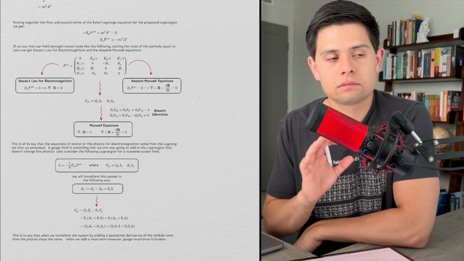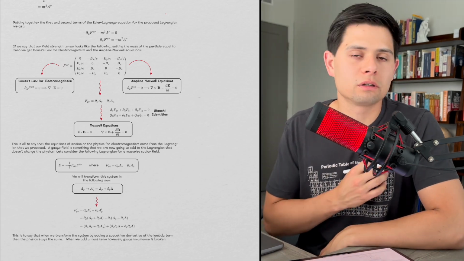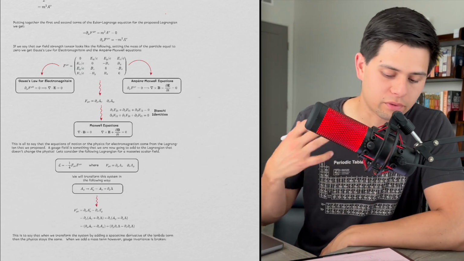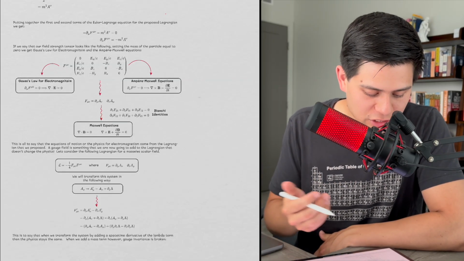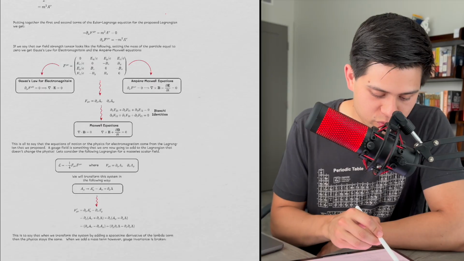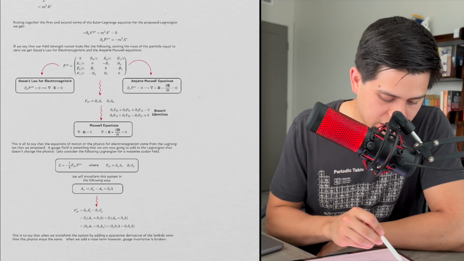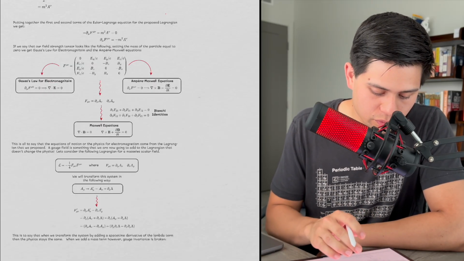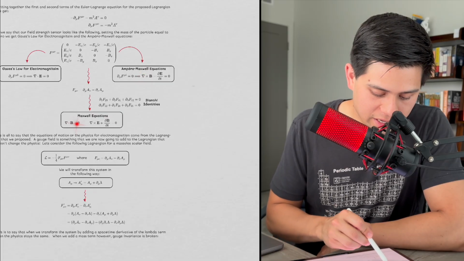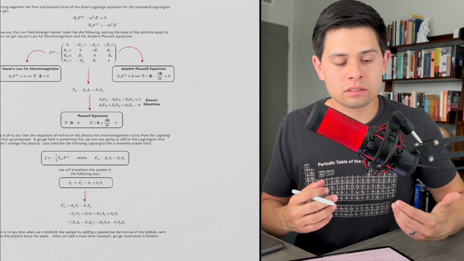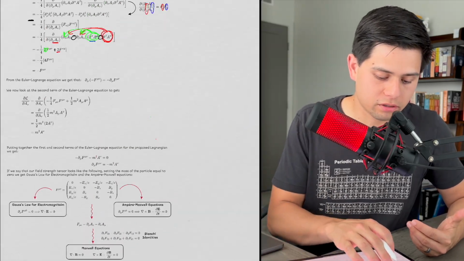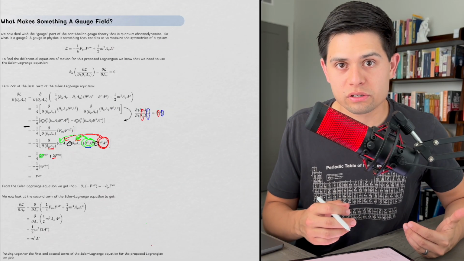I'm assuming you know a little bit of physics already, given that we're going through QCD. Essentially, if we have F mu nu look like this, we can get Gauss's law, Ampere's law, and Maxwell's laws. So we recover the physics from the proposed Lagrangian using the Euler-Lagrange equations.